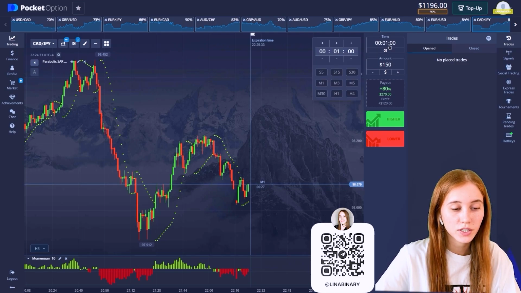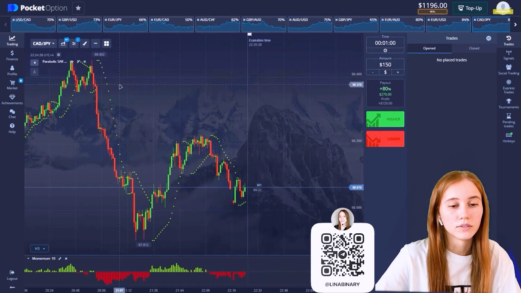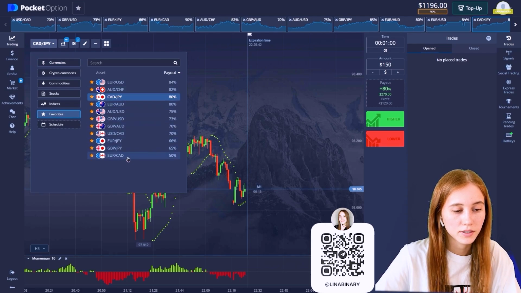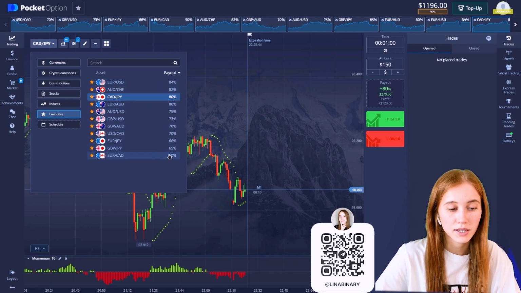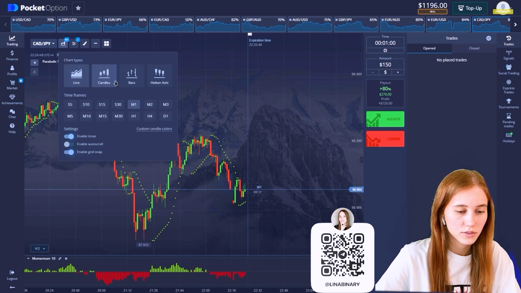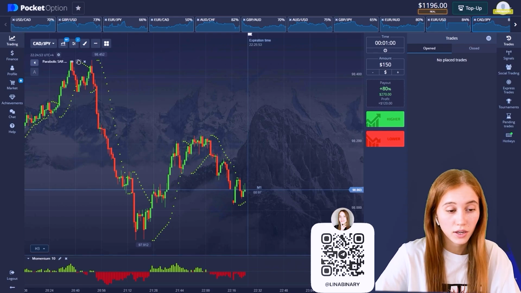Good. We traded on the minute time frame, also on concept pairs, and these are the concept pairs today. Some payout percentages have fallen, but that's okay.